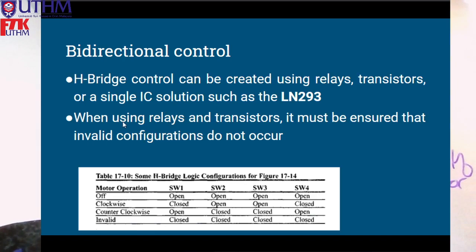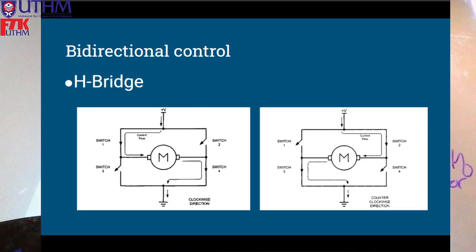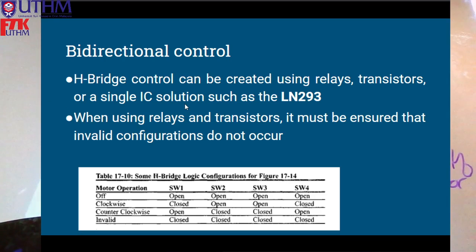Okay, right. This kind of technique has been implemented in many types of applications, and nowadays we actually don't have to use this kind of circuit anymore. You can use what they call an L293 IC.